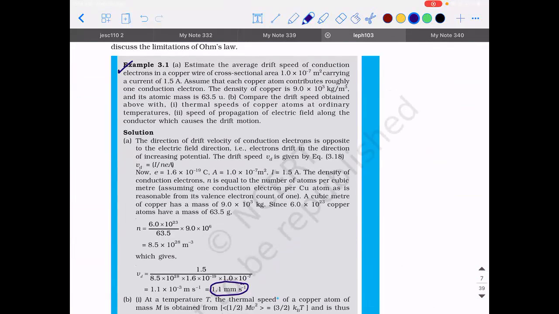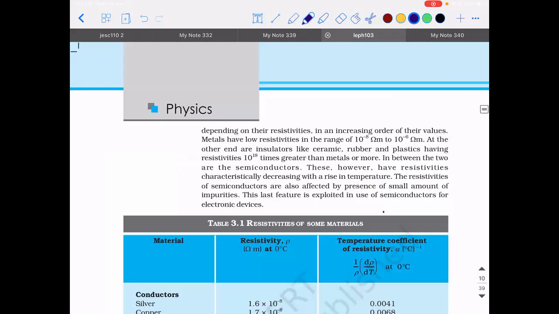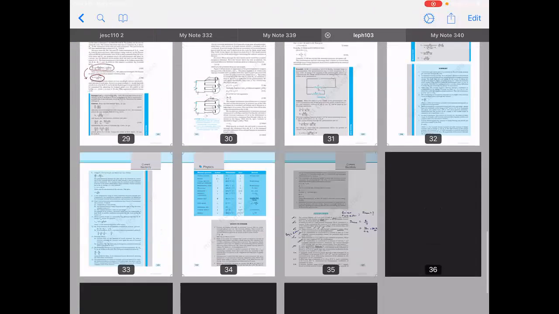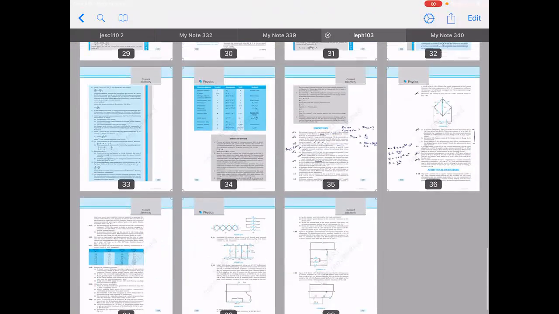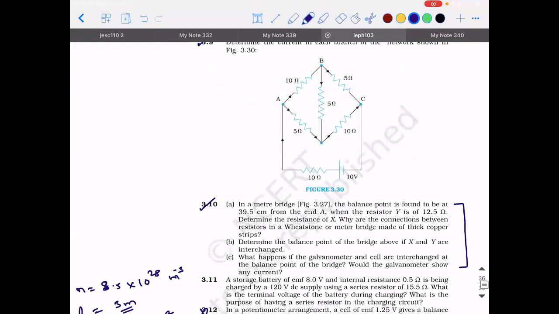Since in that problem they have asked how much is the time that it takes to travel from one end to another, and since this problem is related to calculating the drift velocity, it is already calculated and its value is 1.1 millimeter per second.